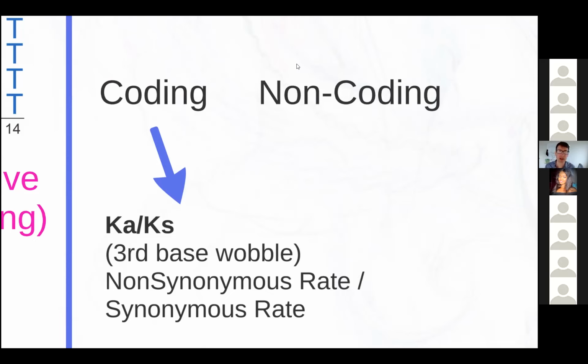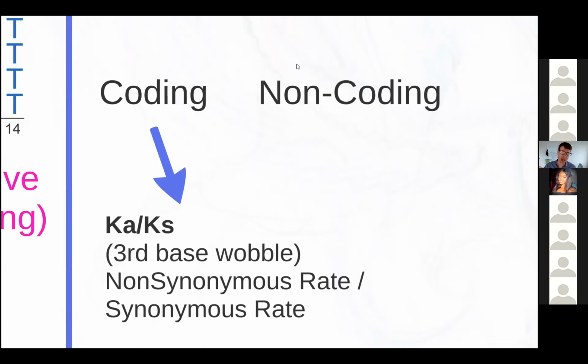And if you guys are looking at these numbers, you can say, oh, Ka is lower than Ks. That means that region is purified or negatively selected. And I'll say that a little slower to make sure you're following.